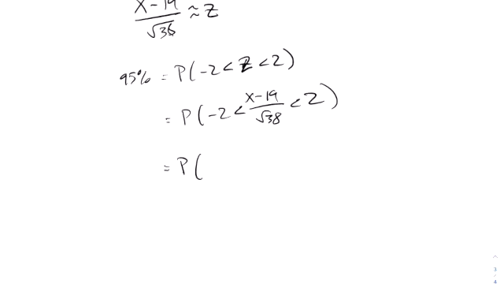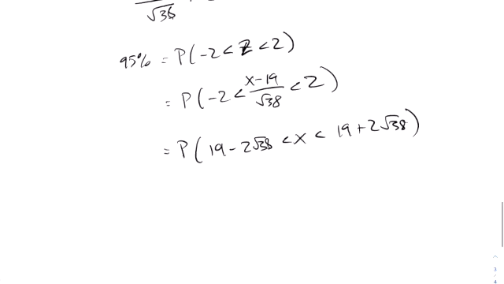And then that gives us, let's see, 19 minus 2 root 38 is less than x is less than 19 plus 2 roots of 38. Okay, and that's our 95% confidence interval that we get in this way. What is this actually? Twice the square root of 38.